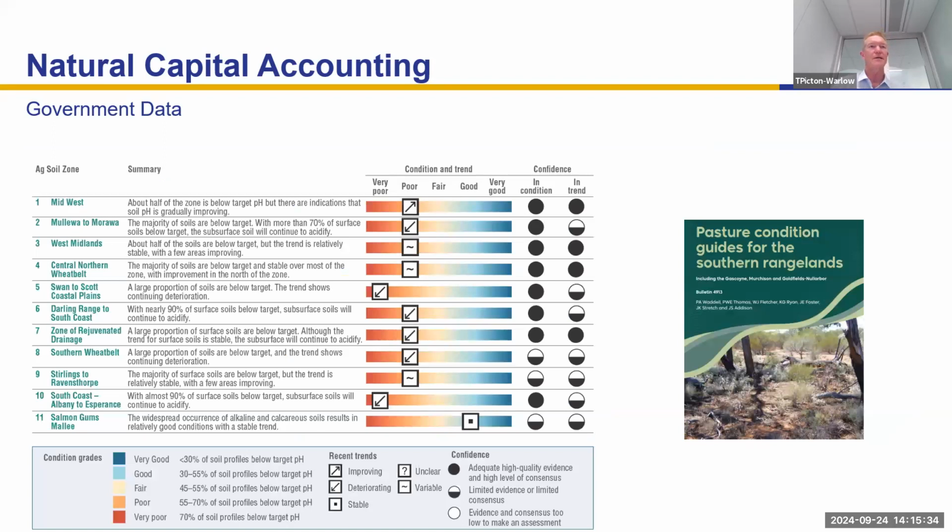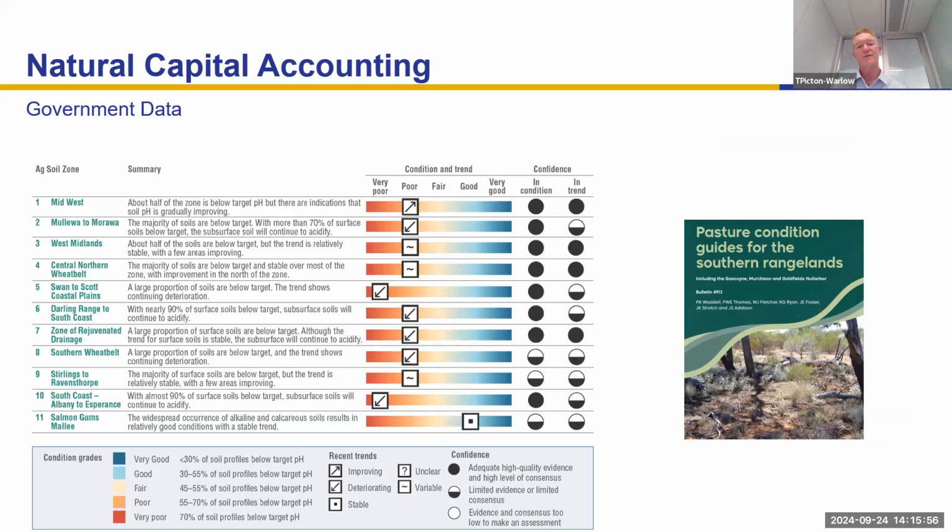Also important is data. We all often expect that data will suddenly appear and that'll be great, but it's not always the case. So when we talk about natural capital with investors, they're always very concerned about the data that they can access and the quality of the data and the trustworthiness of that data.